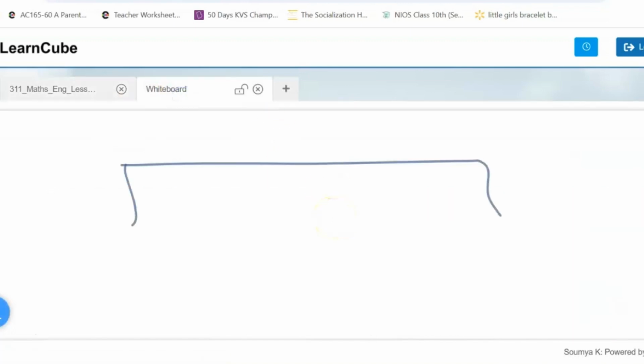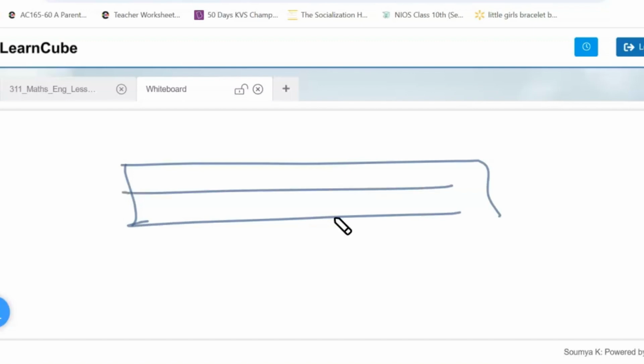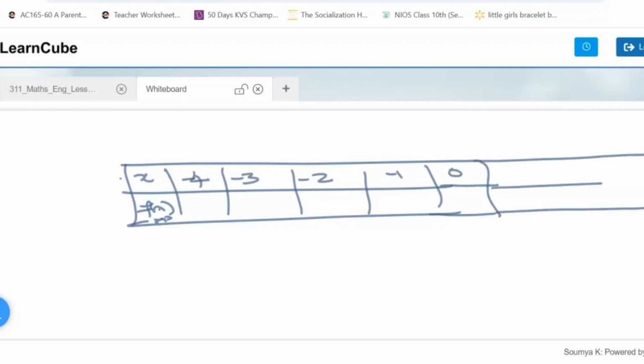Let's draw the value chart like this and write x, and the function is f of x, that is x cube. Okay, so your values start from -4, -3, -2, -1, 0. It goes on 1, 2, 3, 4 like that.